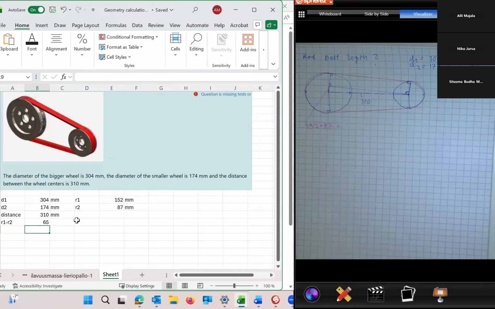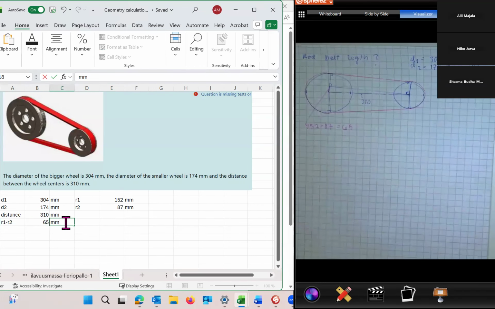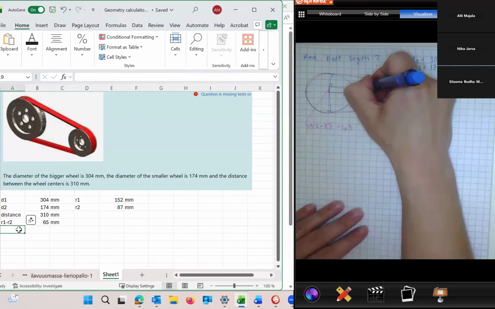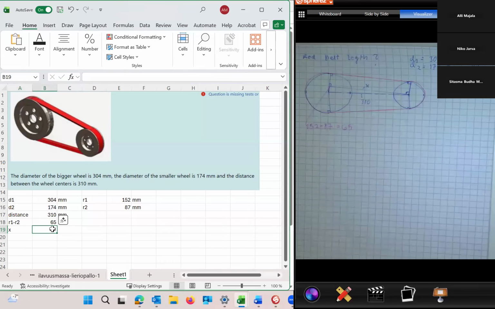And now I can write there, now in my calculation, this is 65. Then I put there that one. And this is what I didn't know. Now this could be, for example, my famous X.